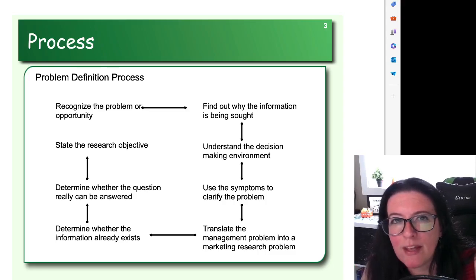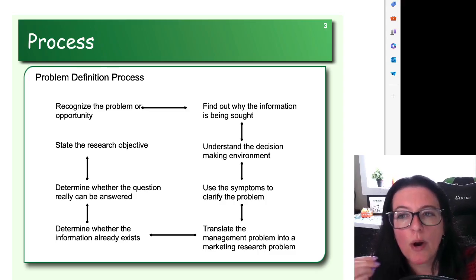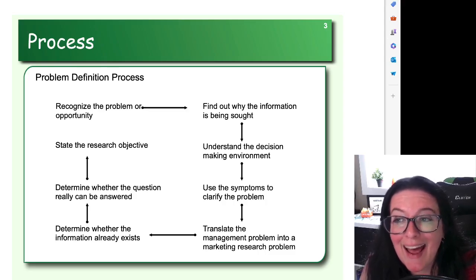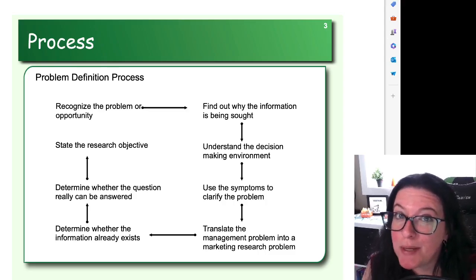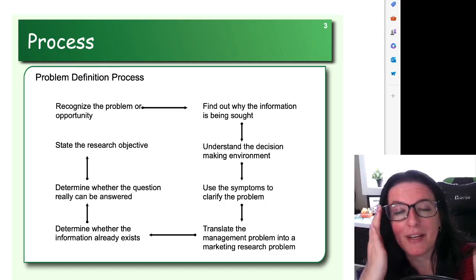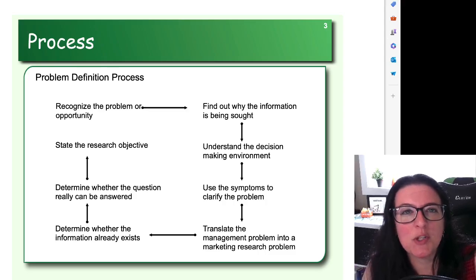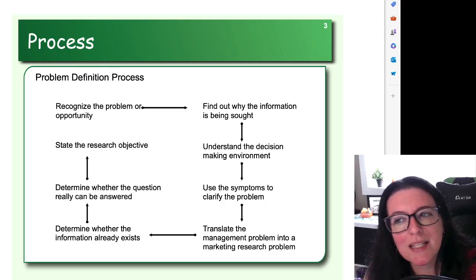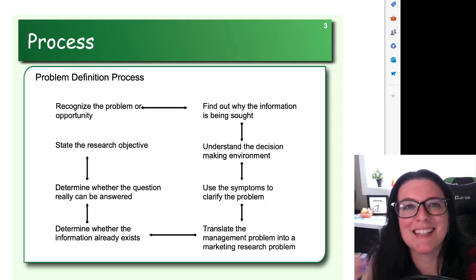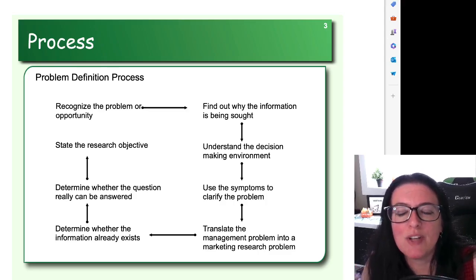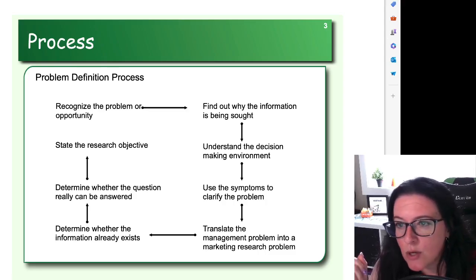We're going to determine whether the information already exists, so that's going to be our secondary data analysis. We're going to determine whether the question really can be answered, so should we actually be doing research? See the video about when you don't do research. And ultimately, we need to turn this into a research objective, so we can actually know we've been successful in our research. All right, so let's go through these.